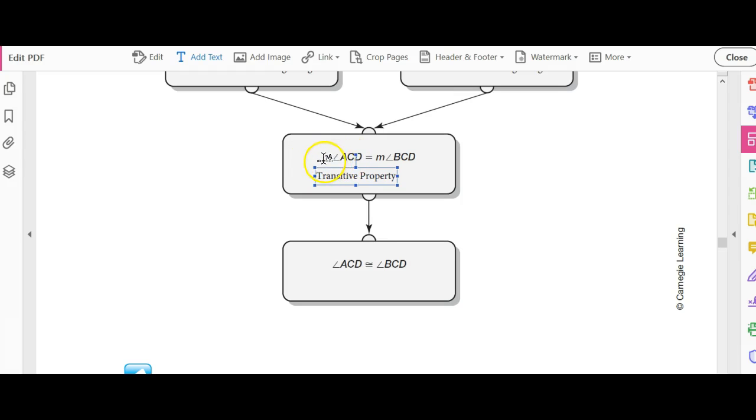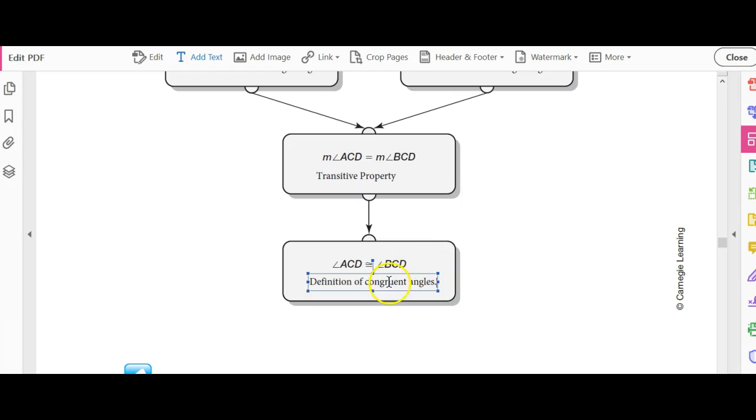Now look, I've got the measures of two angles are equal, and look at this next step. We don't have the equal sign anymore. Can you see? We've got a congruent sign. So we've stopped talking about the measures of the angles, and now we're talking about the objects themselves. Told you you're going to use this a lot. If you go from objects' properties back to a discussion about the objects, you're using the definition of congruent angles.